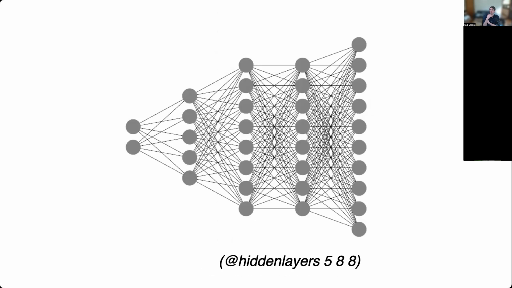And this is a good place to start when you're trying to decide what I should put for hidden layers. Usually I start with one hidden layer, and I choose some number for the number of neurons that is in between the input and output layers' numbers of nodes.